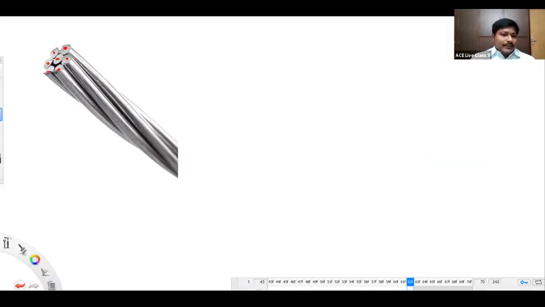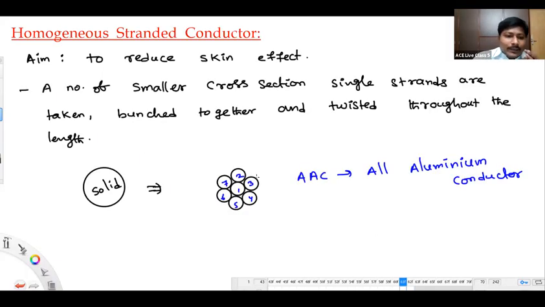How many layers do we have in this one? People have their own way of counting layers. Some will say strand number 1 is one layer and 2, 3, 4, 5, 6, 7 is a second layer, though the number of strands is 7. But I consider number 1 as the internal strand and count only 2, 3, 4, 5, 6, 7 as a layer.